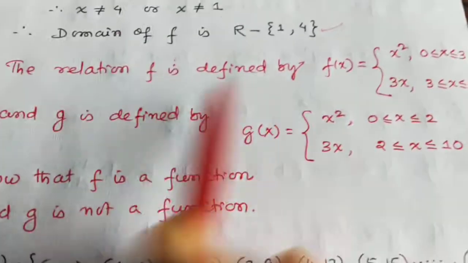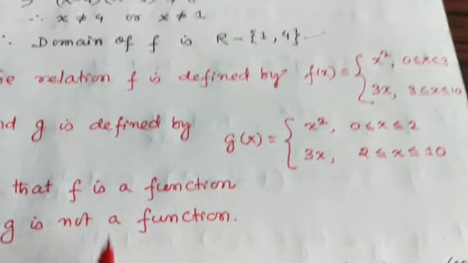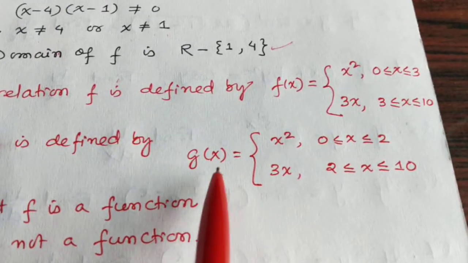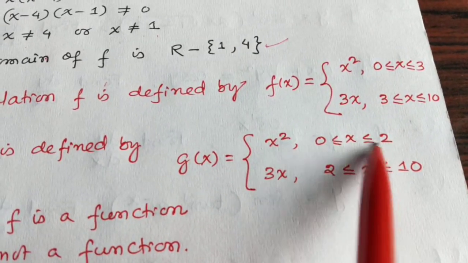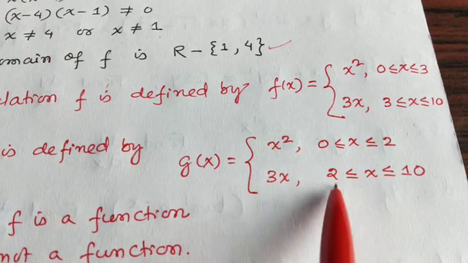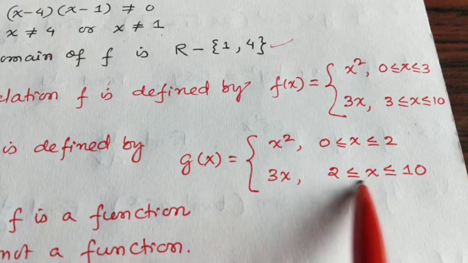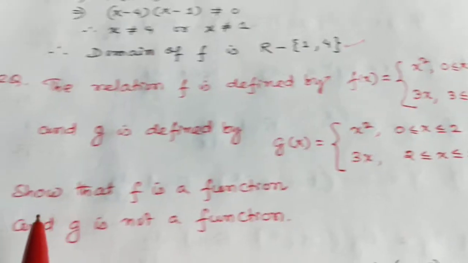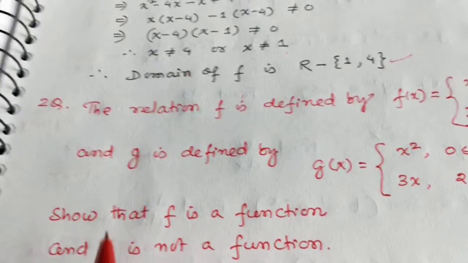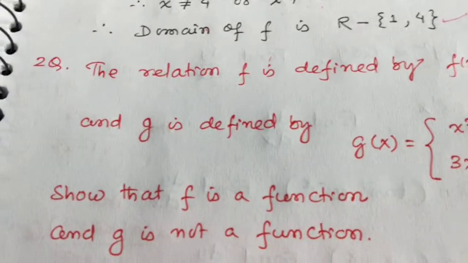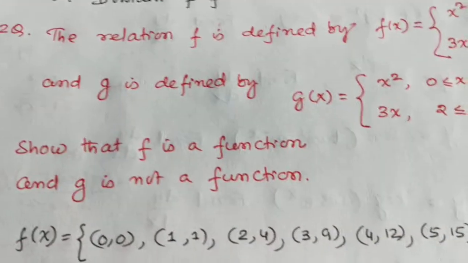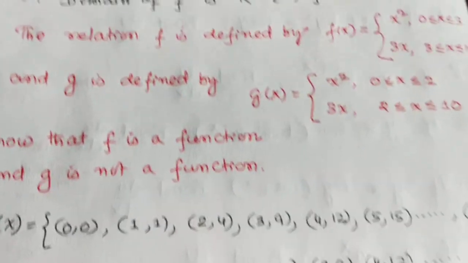And g is also a relation given. The g of x is x square for all the values lying between 0 to 2 and 3x, inclusive 2 and 10. Now the question says that f is a function, while g is not a function. So how to find out this?